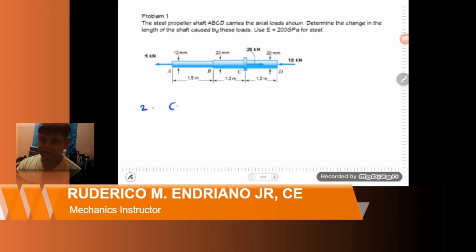The next step is to determine the change in length for each segment. That means we need to compute the change in length for segment AB, segment BC, and segment CD.